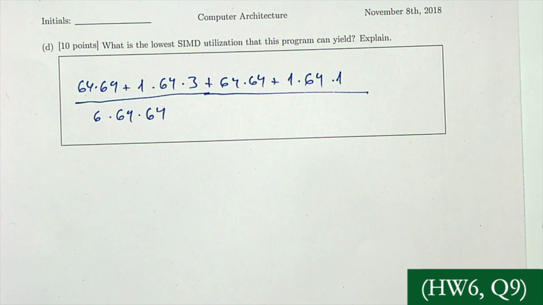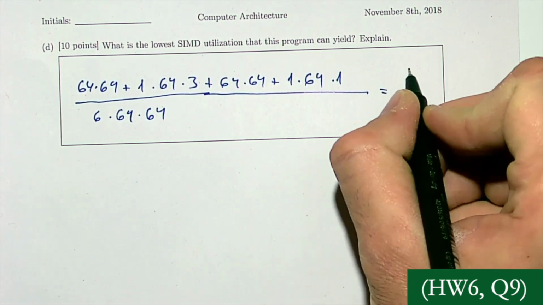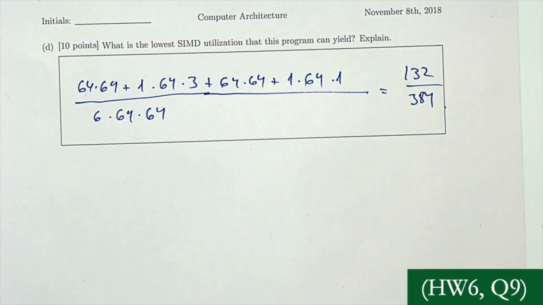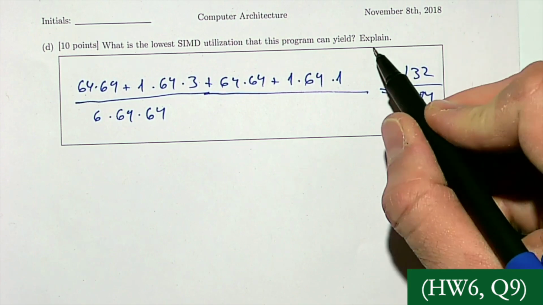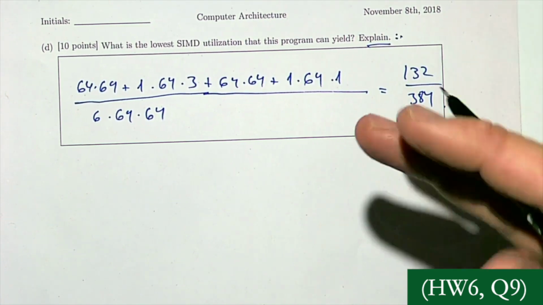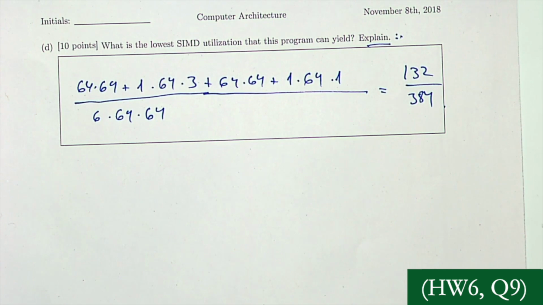And the value that you will find here is 132 divided by 384, right? You also need to explain, but you know the explanation, right? 1 thread is greater, 1 thread is lower, and the rest are equal, right? But do not forget to explain what you're doing and why you are reaching some particular result. Any question?